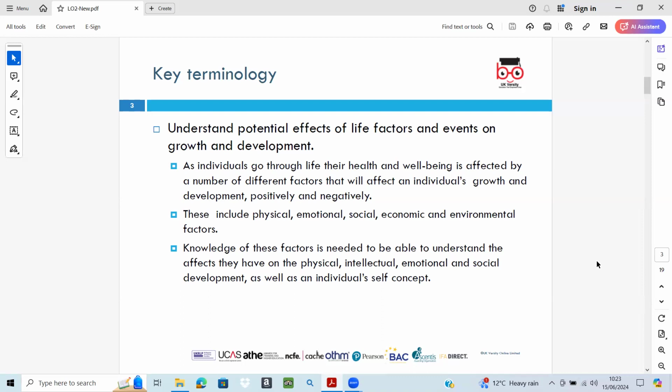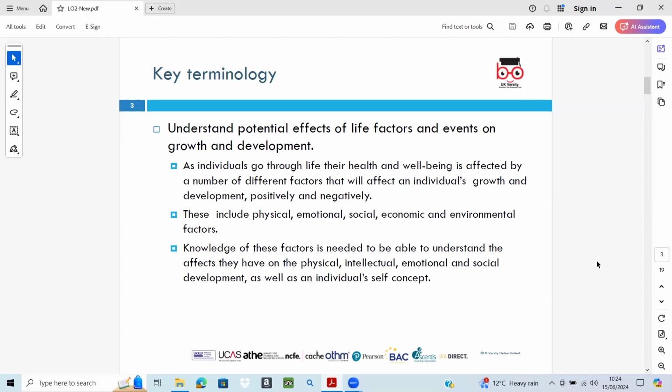We have then economic factors. Economic factors have an effect on financial and socioeconomic aspects, and it affects the individual.